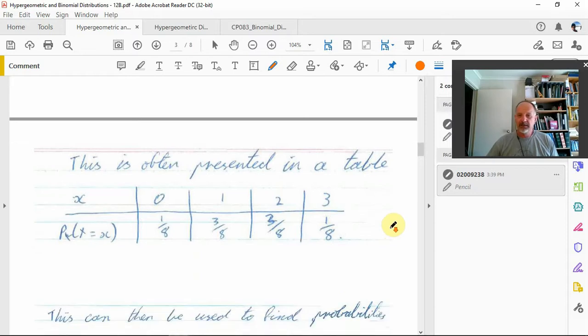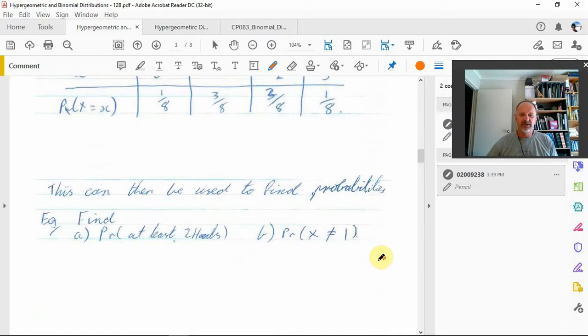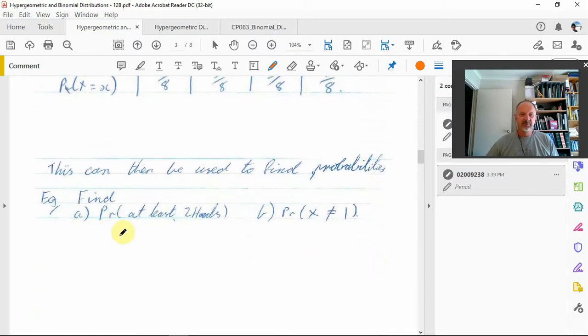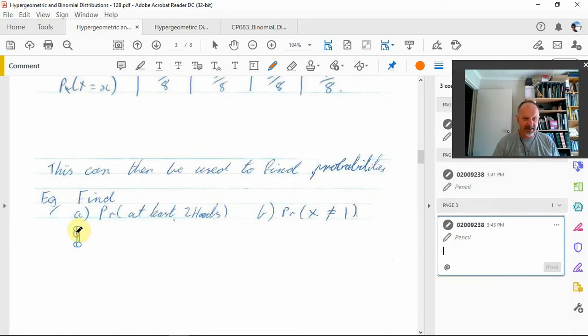And in this next example that I'm about to do, I can show how we can use this to our advantage. All right, so this table here can be used to find probability. So here's a couple of examples. The probability of at least 2 heads, at least means that many or more. So that's x is greater than or equal to 2.